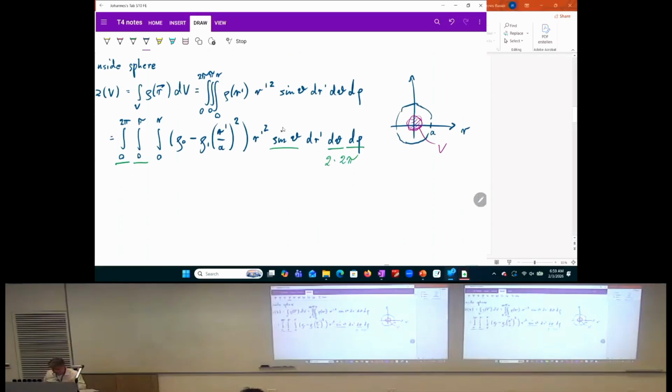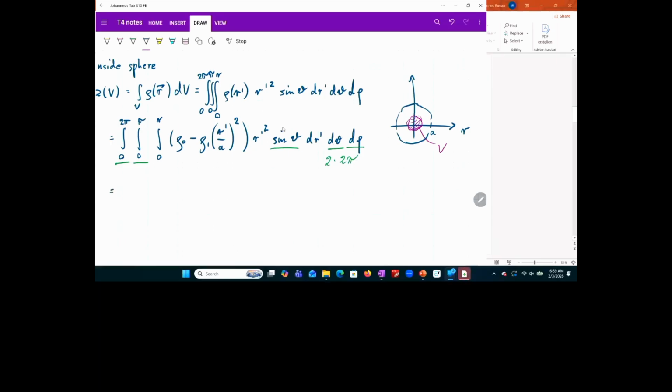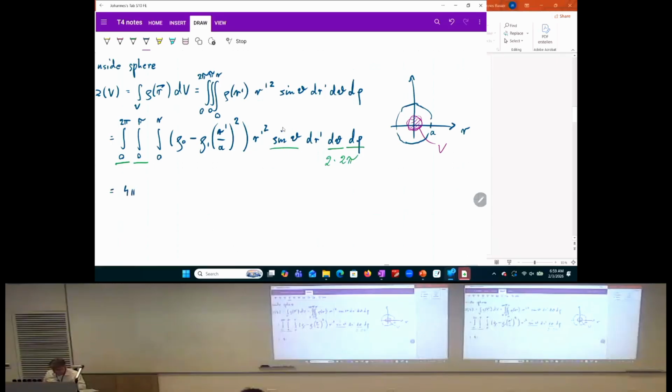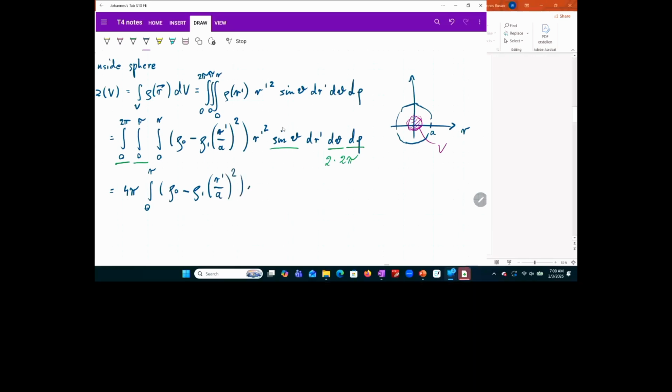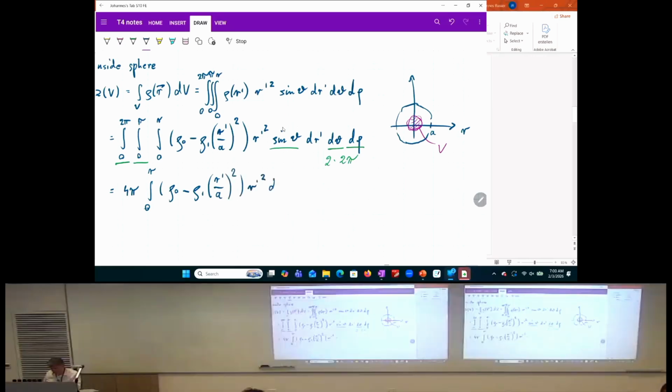So let's continue evaluating this integral term. This is 4 pi, and what remains is the integration from 0 to r for rho 0 minus rho 1 r prime over a squared times r prime squared dr.